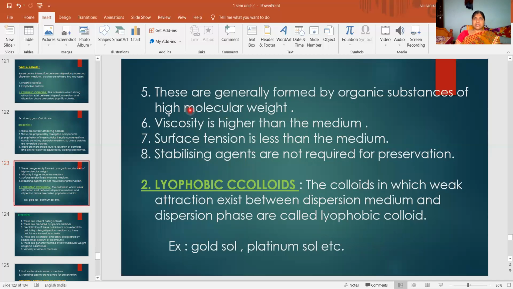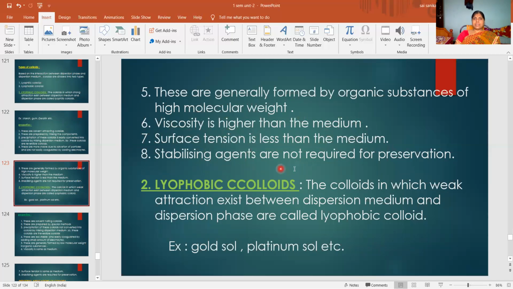And the surface tension is less than the medium.